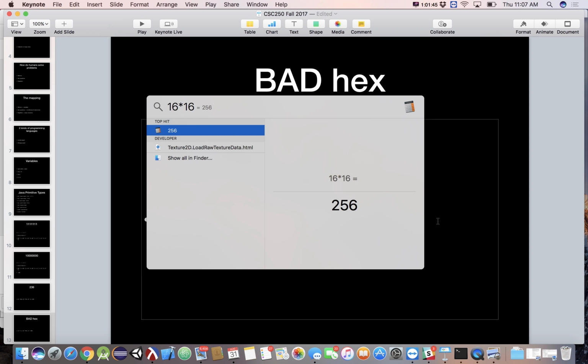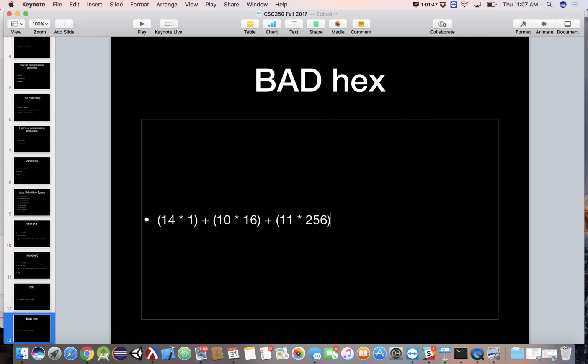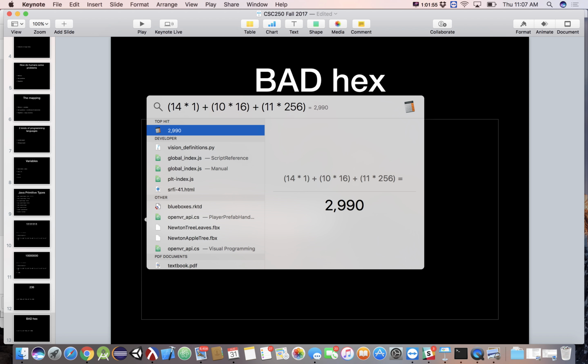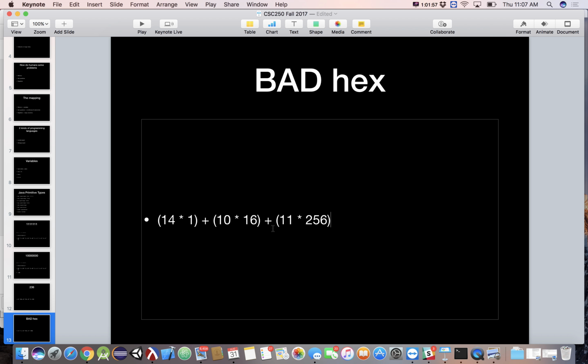Yep, 256. 2990. I think I got this wrong. A is 10, B is 11, C is, oh, this is 13. D is 13, not 14.